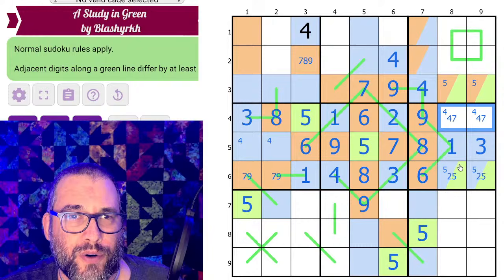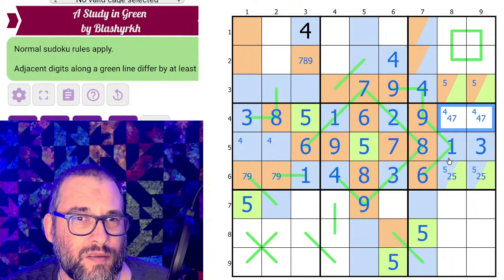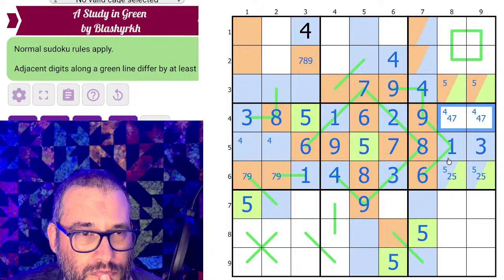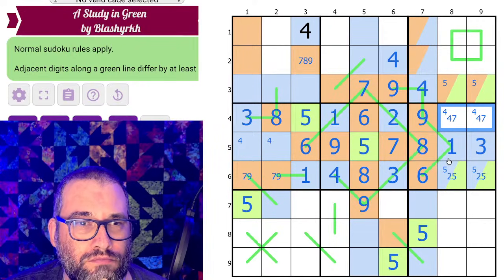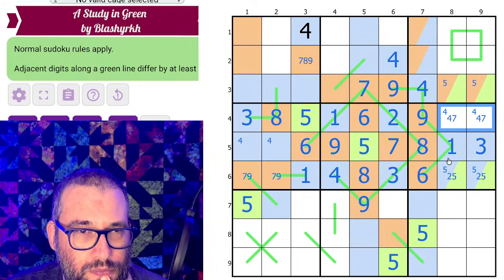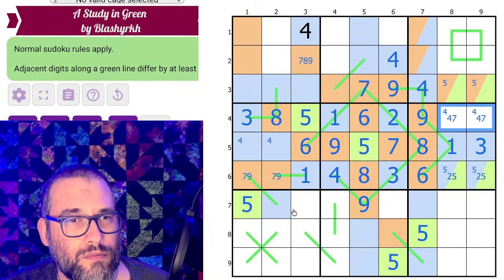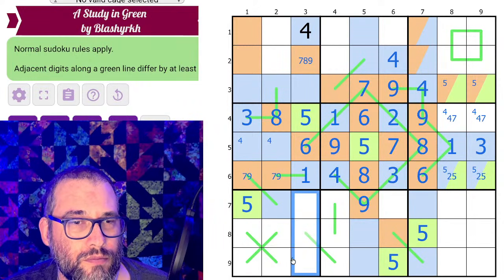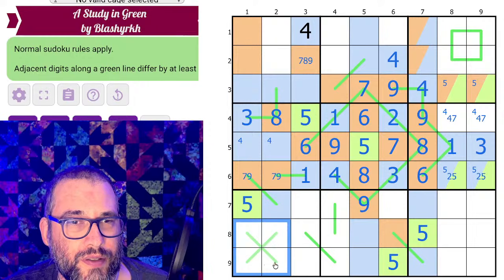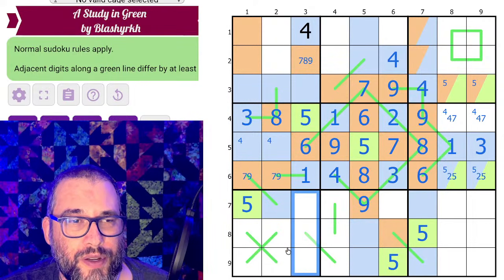These are a 4, 7 pair. Yeah, 6 is on this line, so 1 is also, well, that's not really news.